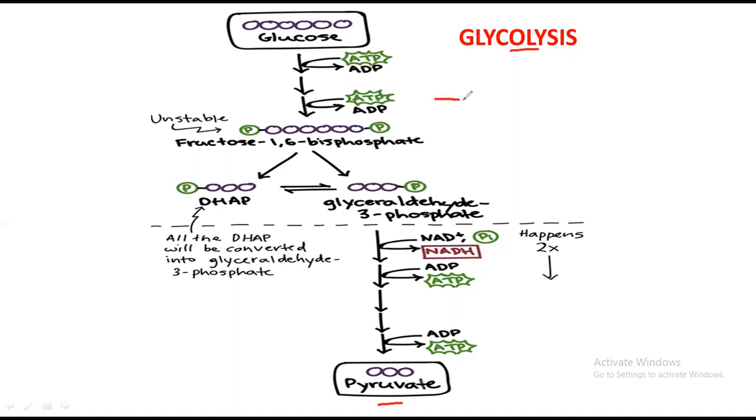Then this pyruvate will proceed further and enter the TCA cycle, that is known as the Krebs cycle, and after that it will enter the electron transport chain, and then energy will be produced. This is normal in most cases, even in eukaryotic organisms.